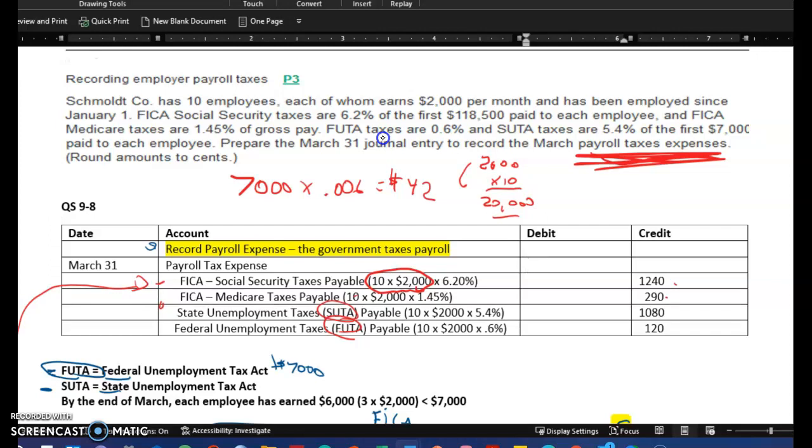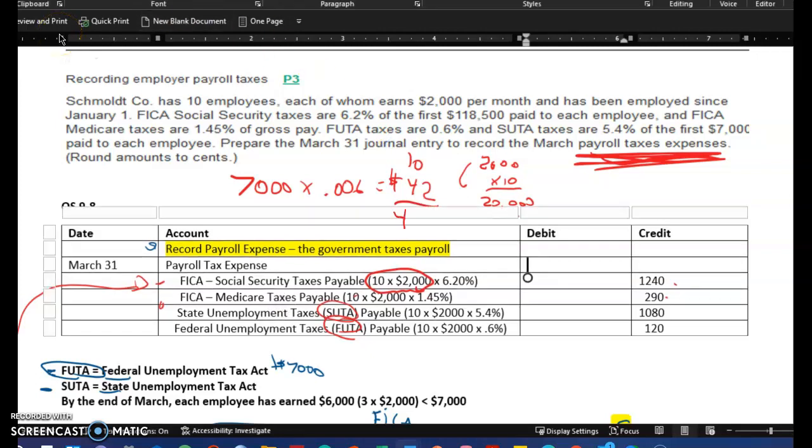Now, I already have the $42 here. Let me show you what you could do. You could just say 10 times 42, and you would get 420, and that would be wrong.